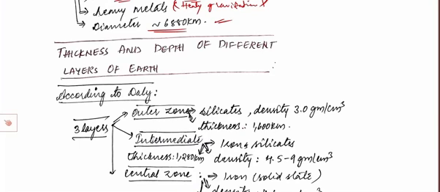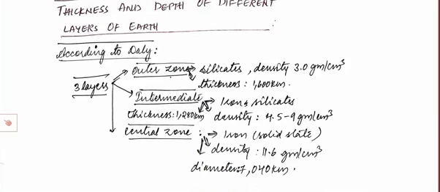So a scientist called Daly proposed that earth has three layers. The outer zone consists of silicate with a density of 3.0 grams per centimeter cube, and its thickness is 1600 kilometers.